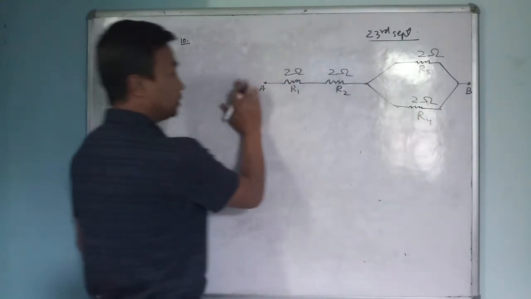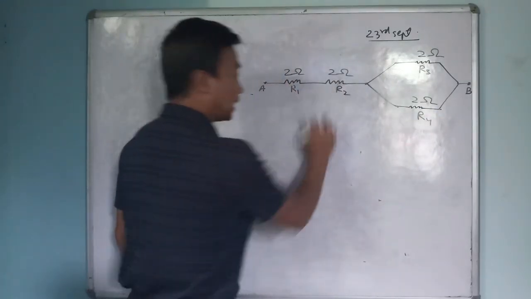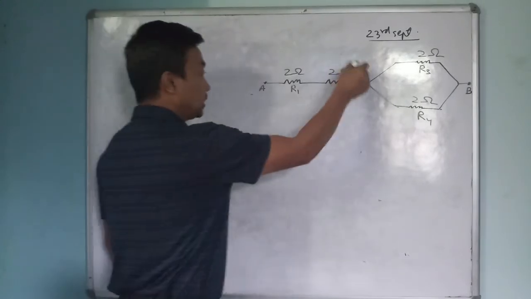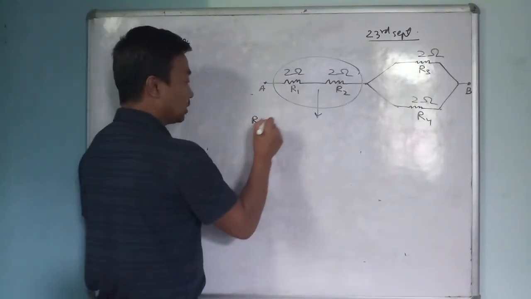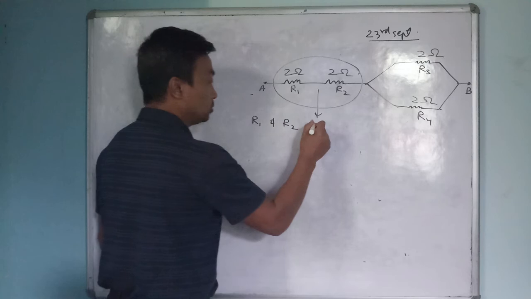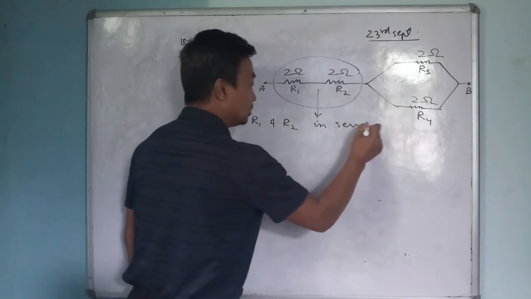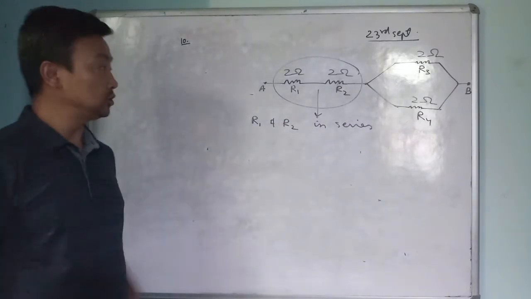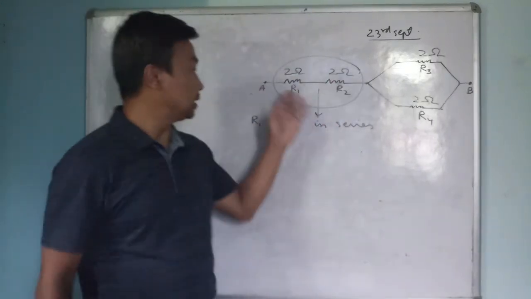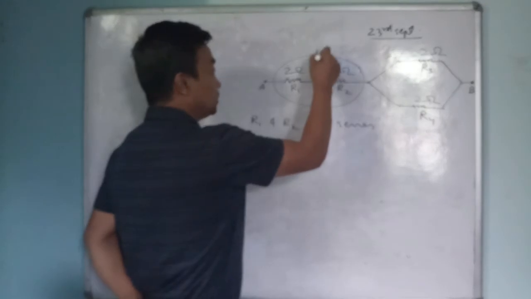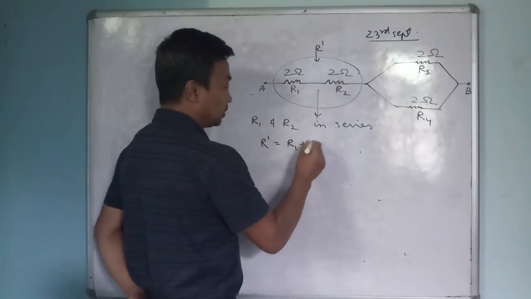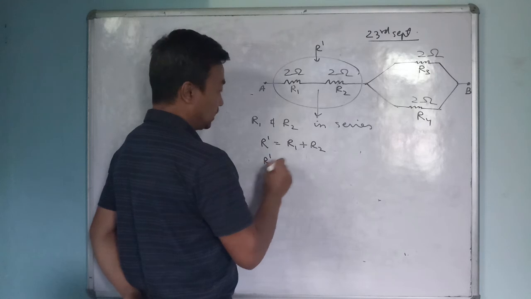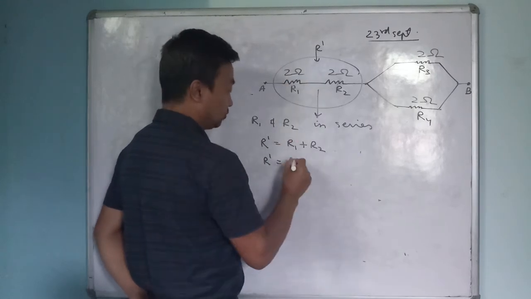If I start from A, we see that R1 and R2 are in series. So these two can be clubbed together and made into one. R1 and R2 are in series, so you just add them. Let us name this R dash. R dash is R1 plus R2, so 2 plus 2, 4 ohm.